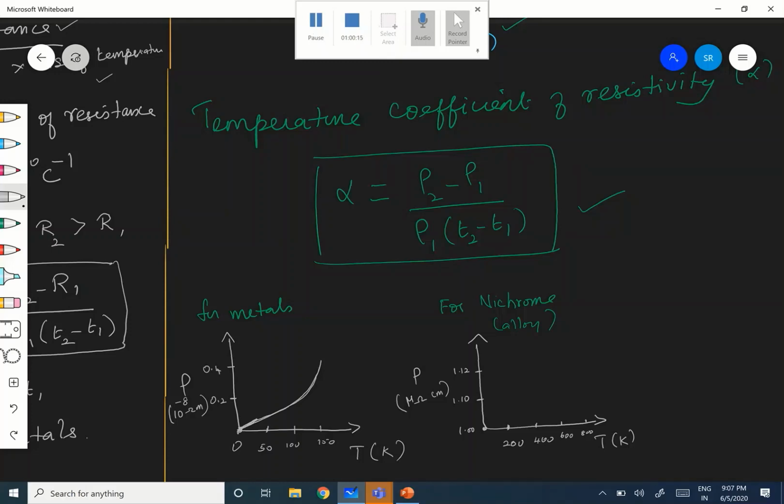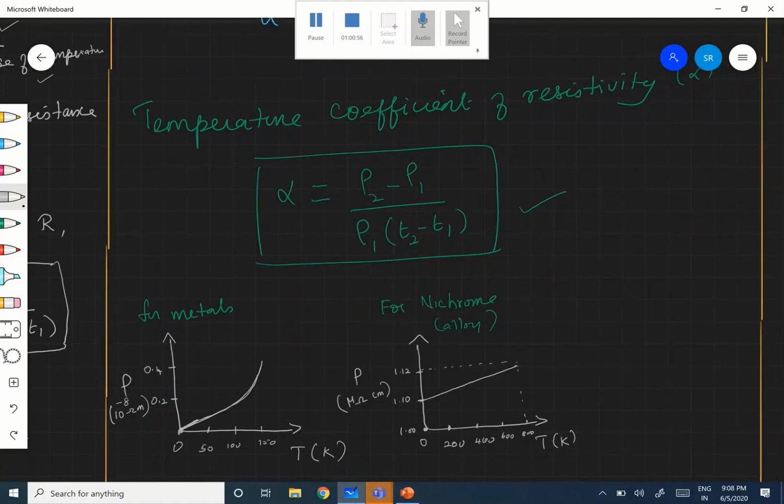Therefore how it will change, you see, up to 800. From 0 Kelvin to 800, if you increase the temperature, how much does it change? 1.10 to 1.12 micro ohm centimeter is the only change in the resistivity in the case of alloys.